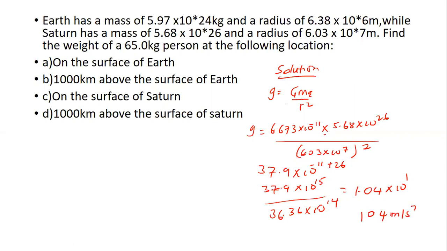10.4 meter per second squared. This is the acceleration due to gravity. Now you're going to plug in the value for the weight. As I told you, the normal formula is force is mass times acceleration due to gravity, which is g. Force in Newton, force and weight is almost the same thing because they have the same unit. So the mass is given to be 65 kilograms times 10.4 meter per second squared.